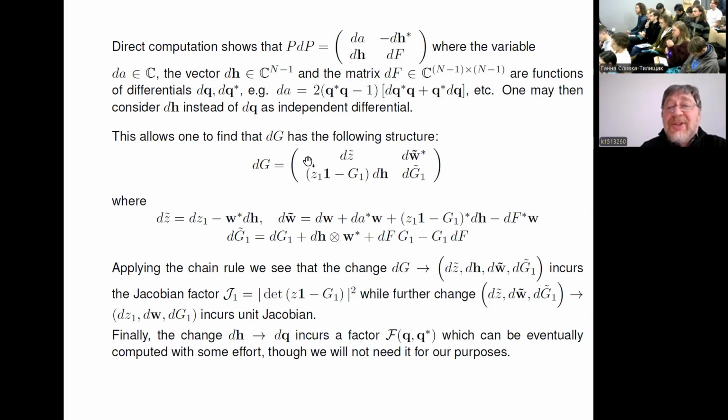For example, from this structure it's clear that if we change from G to these tilded variables, the only Jacobian factor will be just the modulus square of this factor, right? Because it's just a holomorphic change from one set of complex variables to another by multiplying with the matrix. So the corresponding Jacobian is the modulus of the corresponding determinant.